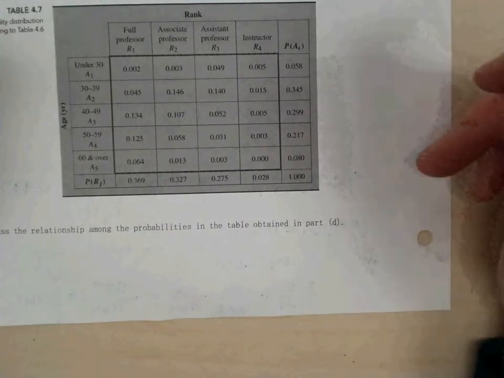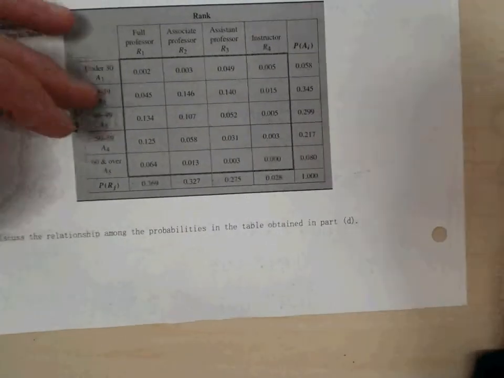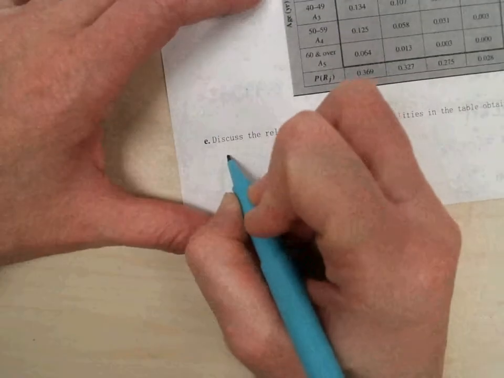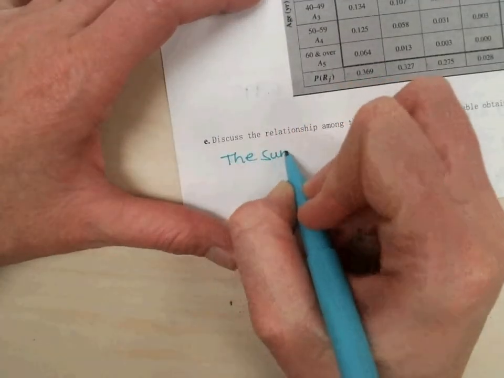Lastly, it says discuss the relationship among the probabilities in the table obtained in part D. So we're going to write this out.